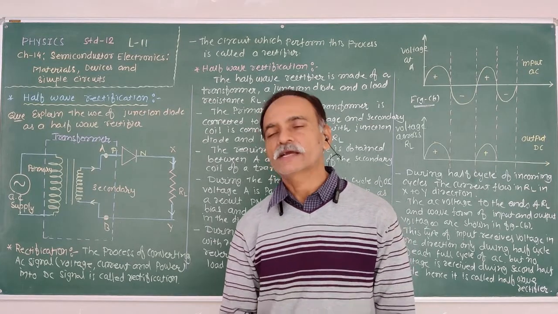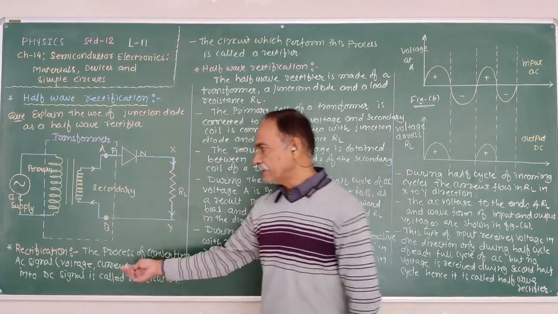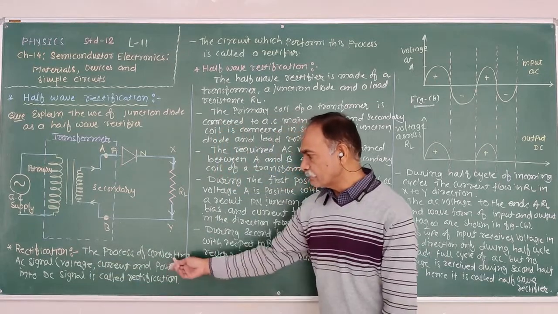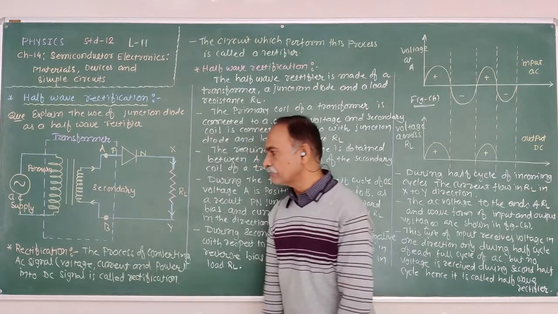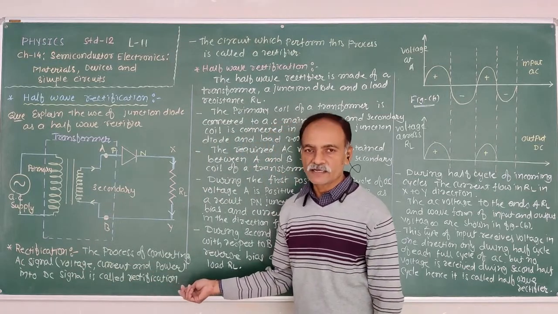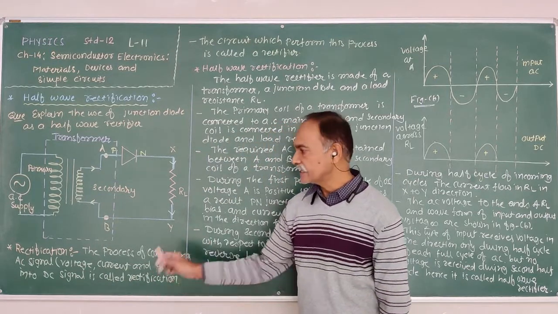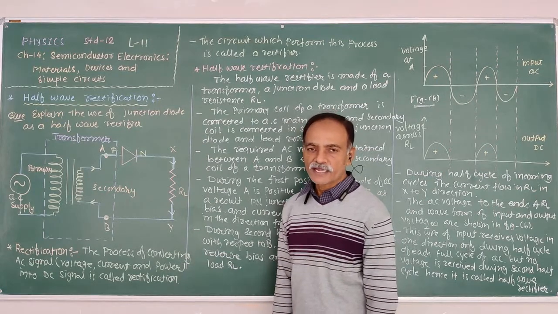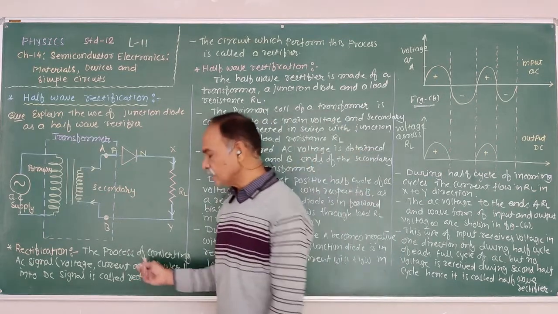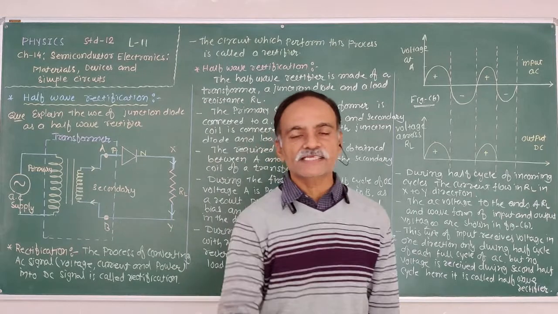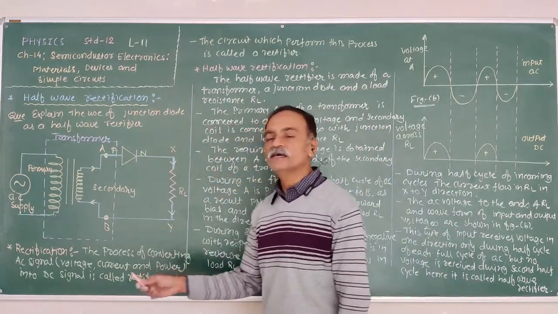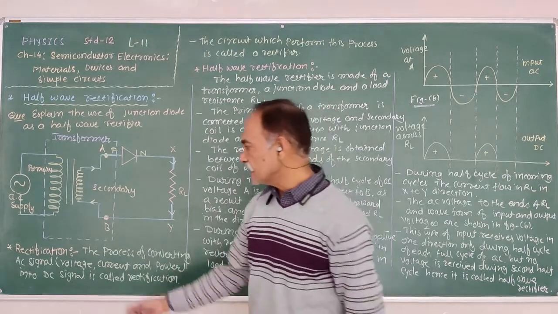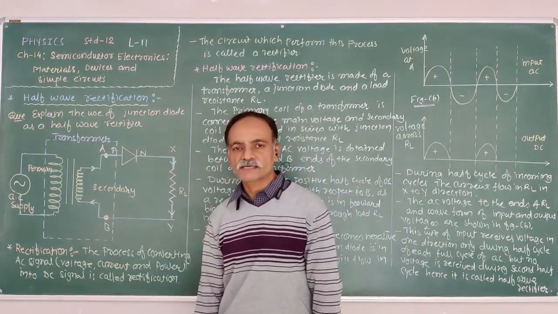Clear? Okay. Now first, again the definition of rectification. The process of converting an AC signal, that means voltage, current and power, into a DC signal is called rectification.